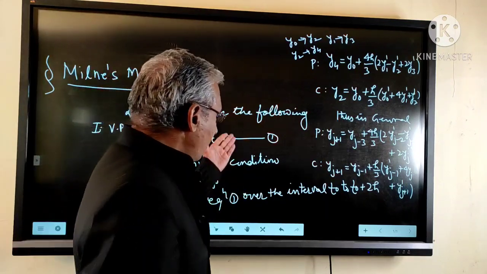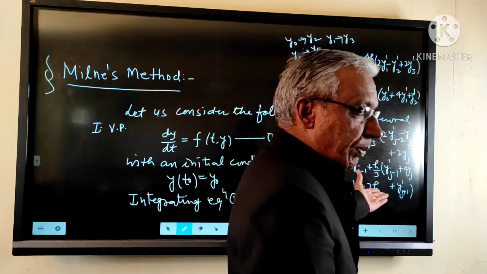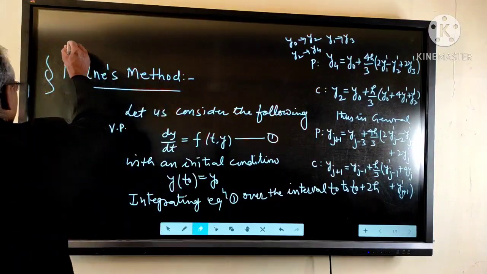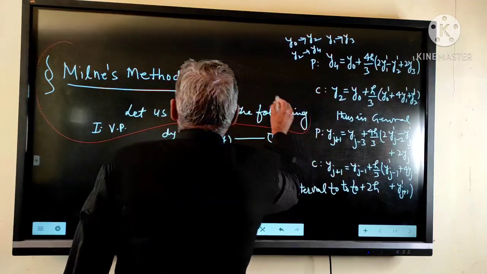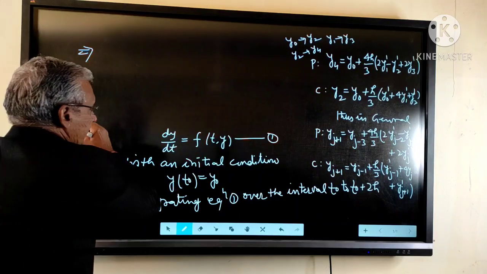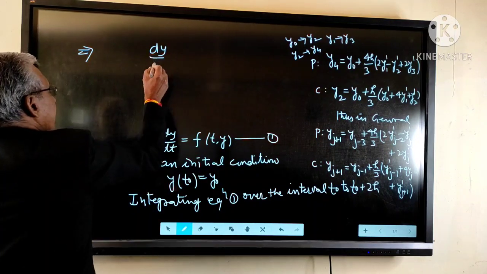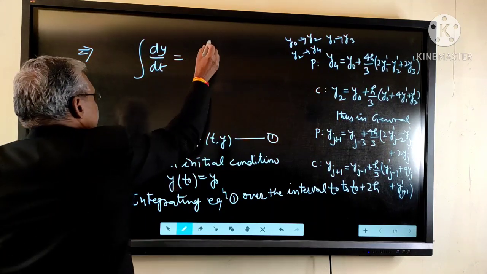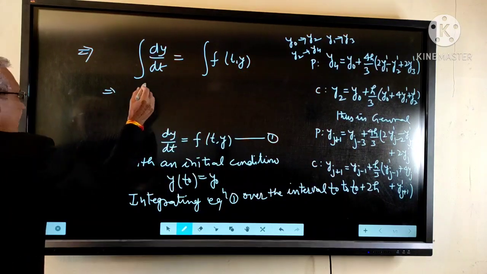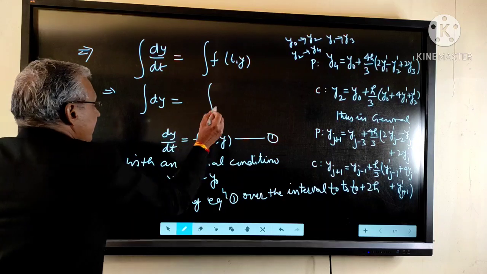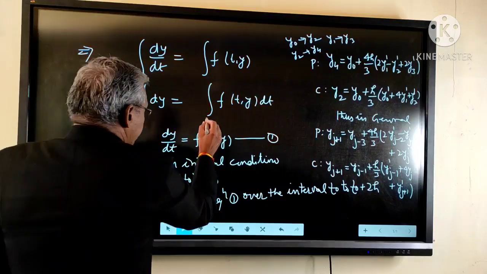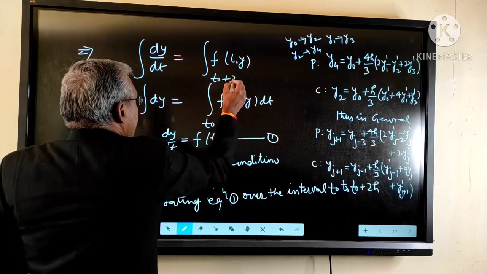Integrating equation (1) over the interval t0 to t0 plus 2h, we have the integral of dy equals the integral of f of t comma y dt, over t0 to t0 plus 2h.